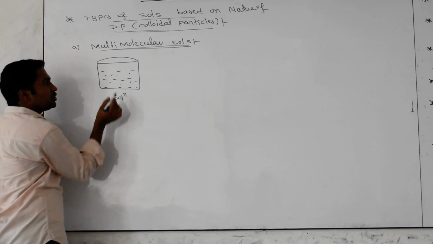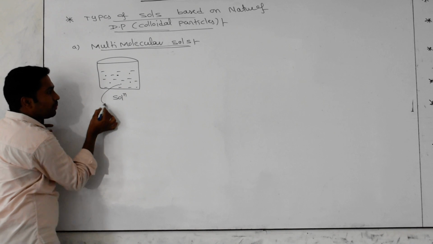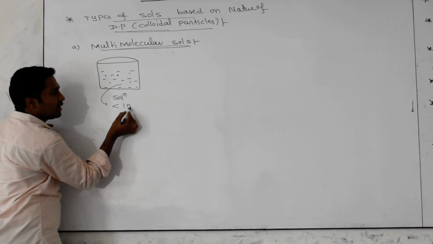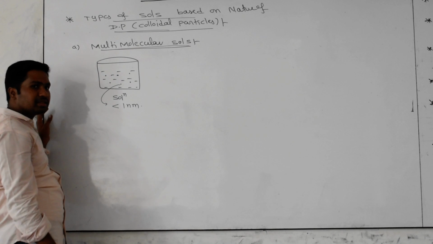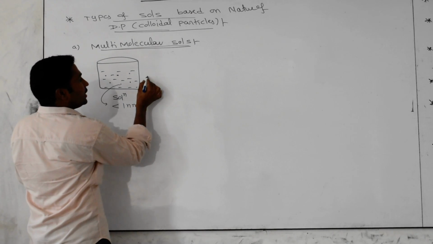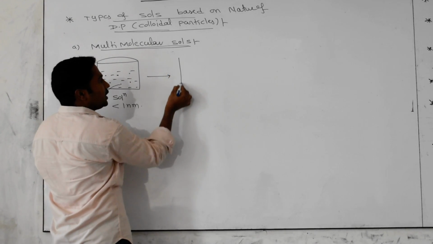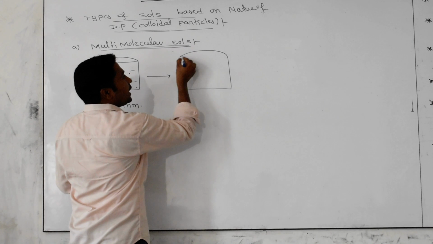Okay. In this solution, the dissolving particle size is less than 1 nanometer. Is it called a colloid? No. Then what happens? The solute particles aggregate together, becoming like a colloidal particle.